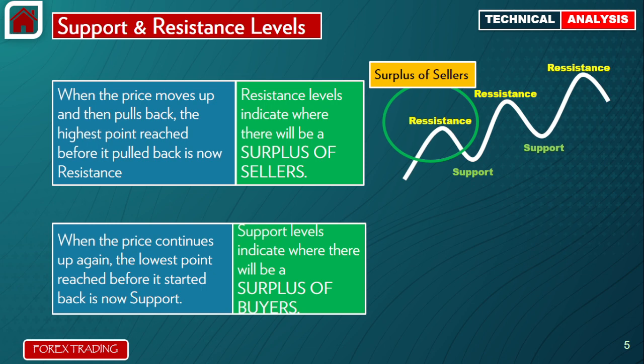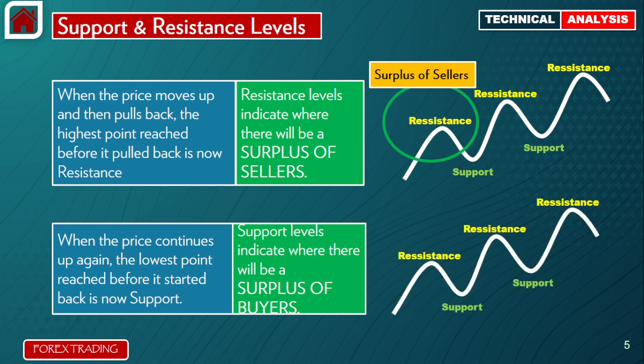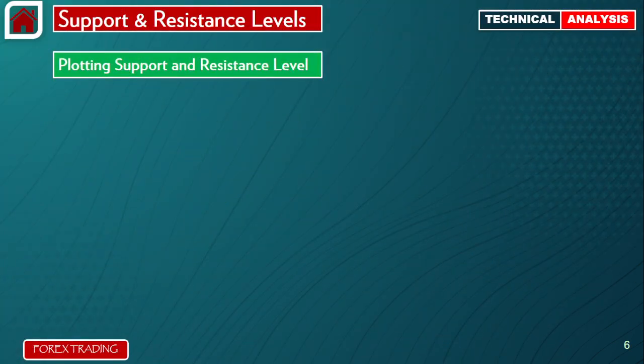In the same way, when the price continues up again, the lowest point reached before it started is called the support level. Support levels indicate where there will be a surplus of buyers. Over here, in the same picture, this is the support level, and this is where we see a surplus of buyers. So this is how we look at it: surplus of sellers and surplus of buyers.